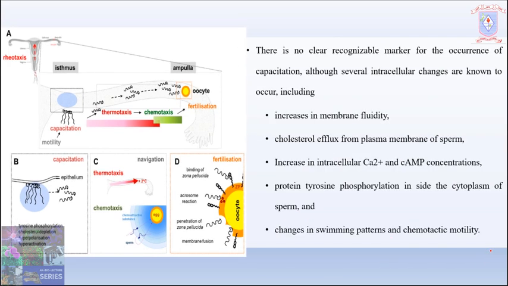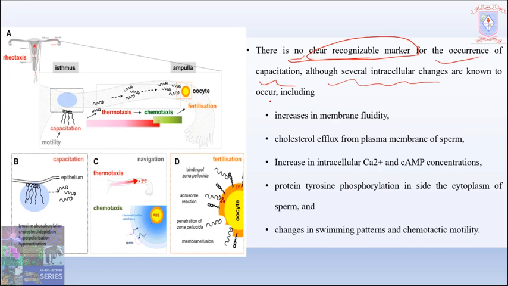Actually, there is no clear recognizable marker for the occurrence of capacitation. So there are no visible or easily identifiable markers for the occurrence of capacitation. Although there are some findings that several intracellular changes occur in the sperm inside the female reproductive tract.